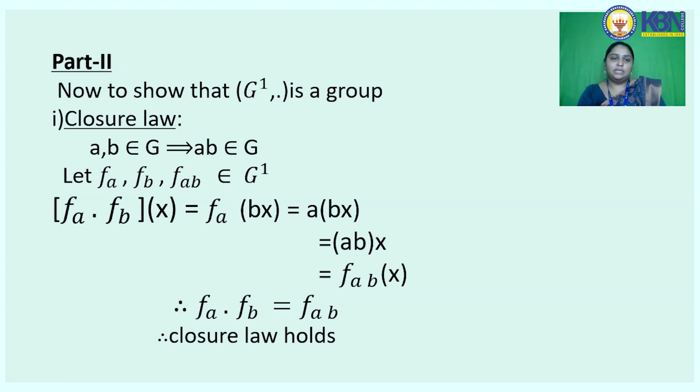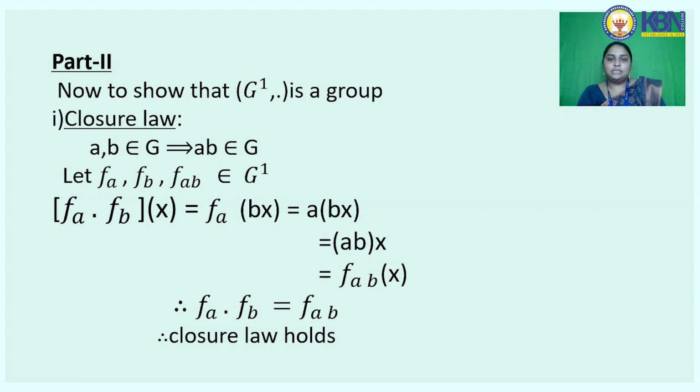Now considering Fa into Fb at x. That can be written as Fa at Fb at x. Fb at x, from the permutation mapping, we can write it as bx. That means Fa at bx. From the mapping of a permutation, Fa at x can be written as ax, but in the place of x, here we have bx. Then we get Fa at bx can be written as a into bx.